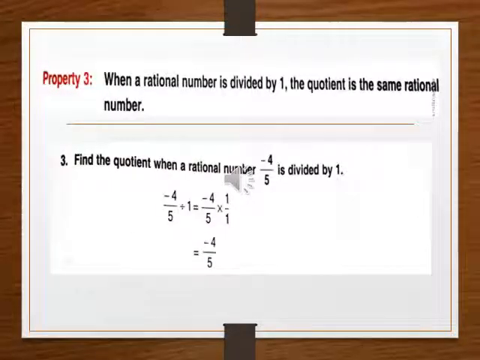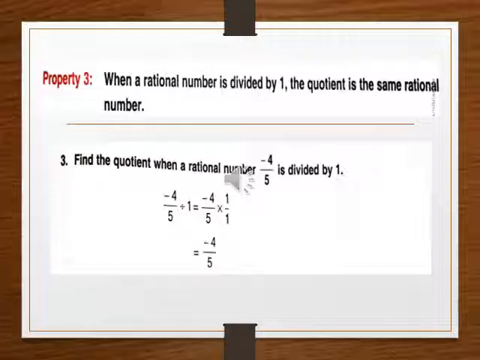Another easy property, property 3: when a rational number is divided by 1, the quotient is the same rational number. Means any number divided by 1, the answer is the same number. See here the question: minus 4 by 5 divided by 1.